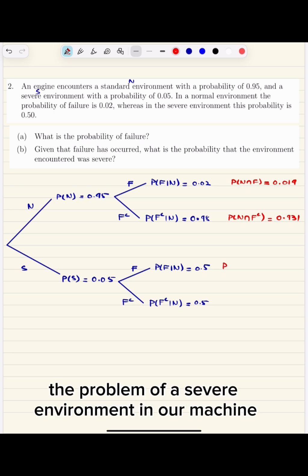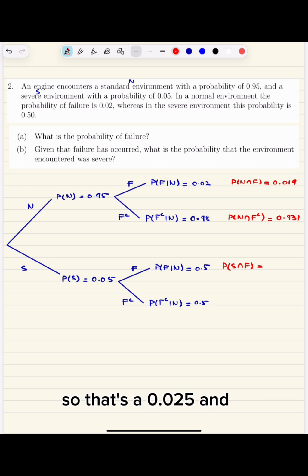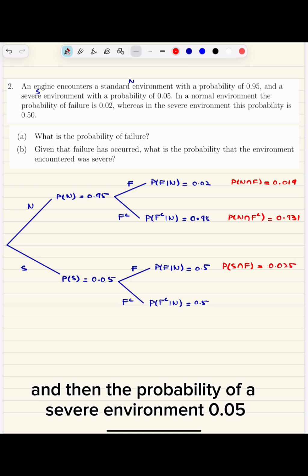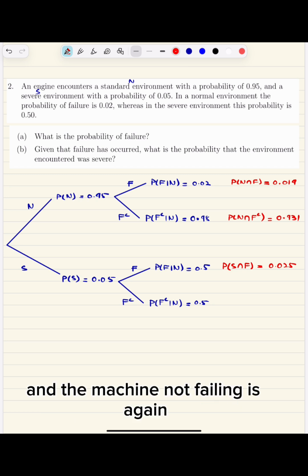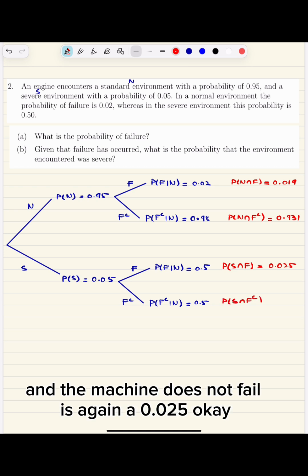Now the probability of a severe environment and our machine failing is 0.05 multiplied by 0.5, so that's 0.025. And the probability of a severe environment, 0.05, and the machine not failing is again the same, 0.025.